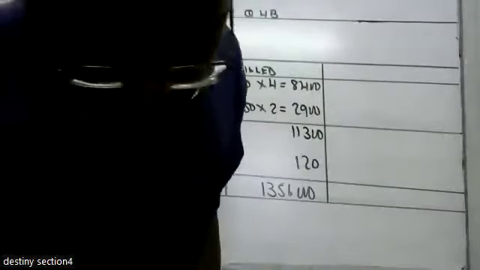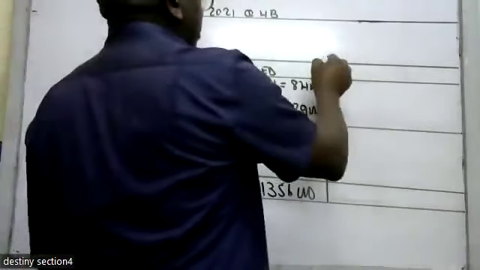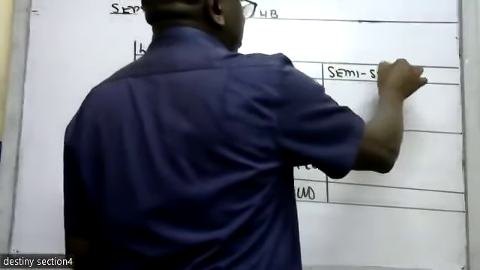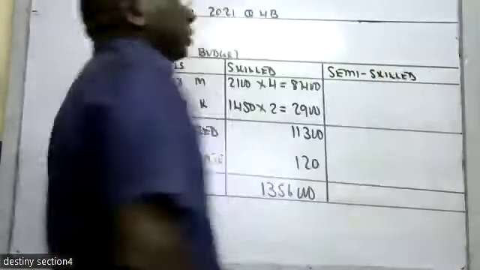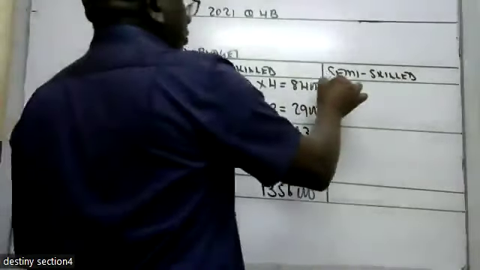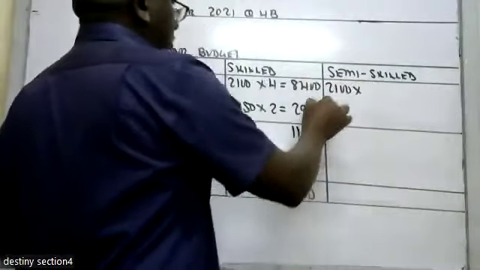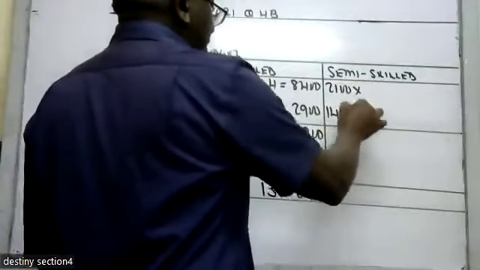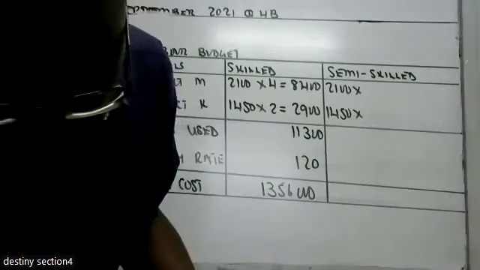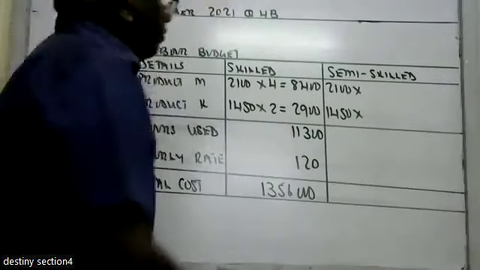Then we have semi-skilled. Semi-skilled. We argue the same way for semi-skilled. 2100 times and 1450 times. So 2100 times 2 and 5.